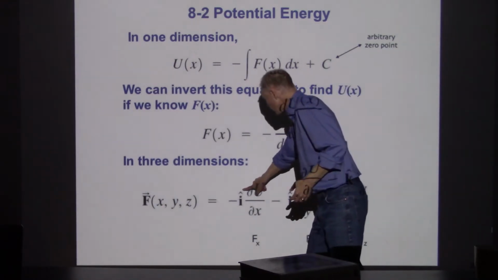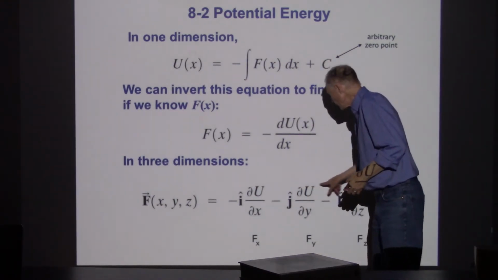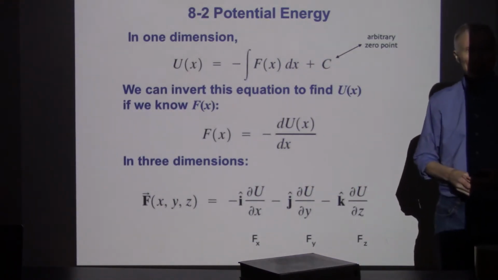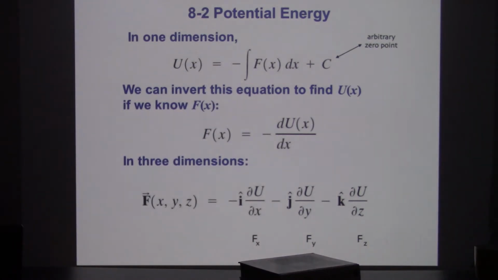So here what we're using is the unit vectors i, j, k to keep track of those directions. Okay, so it all kind of fits together. It all kind of hangs together, going back and forth between the integrations and the differentiation.